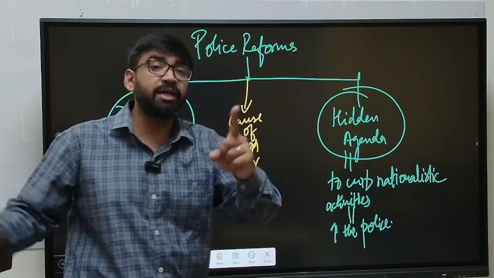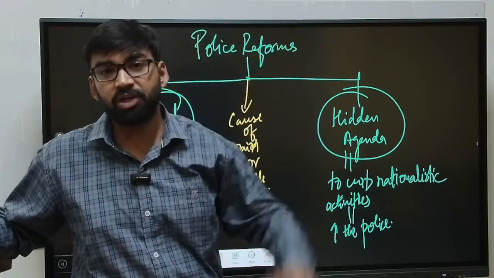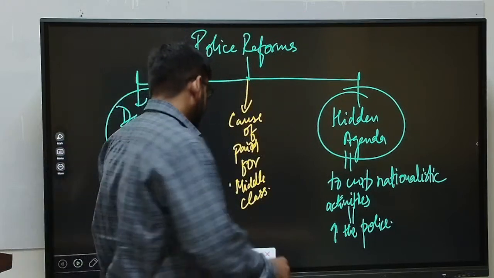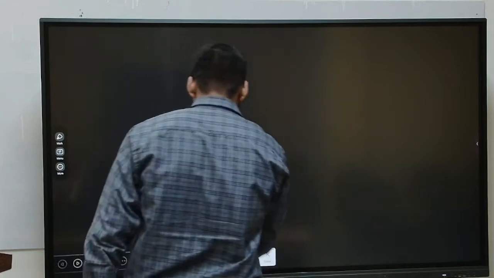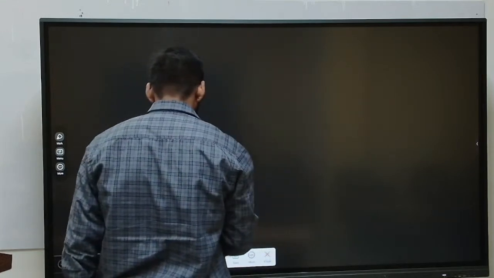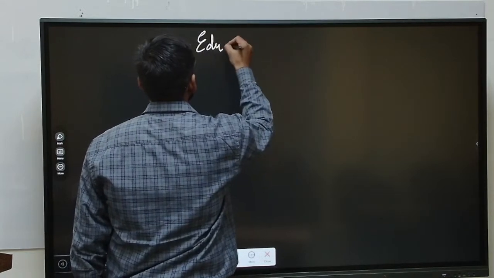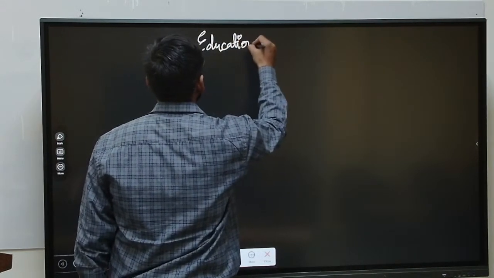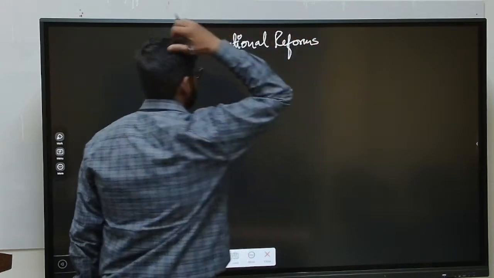So these were administrative reforms. These reforms created a rift. Now struggle was created by educational reforms. Now try to understand. Struggle, that means educational reforms. Clear?